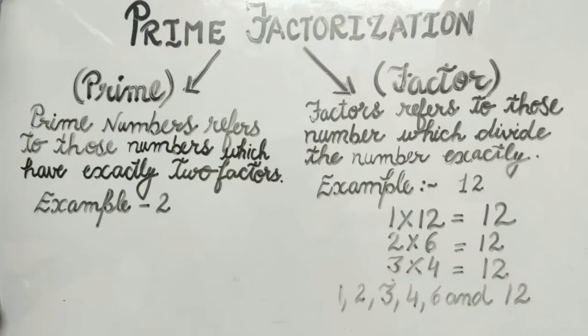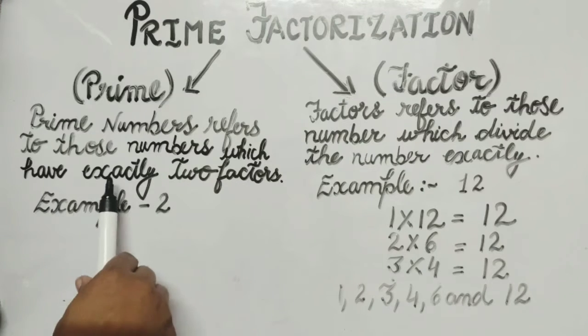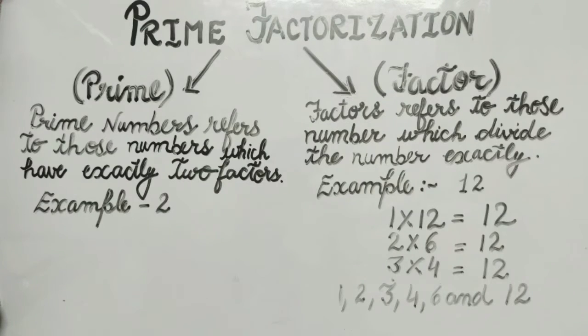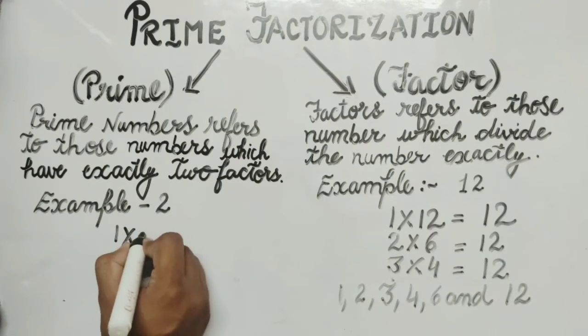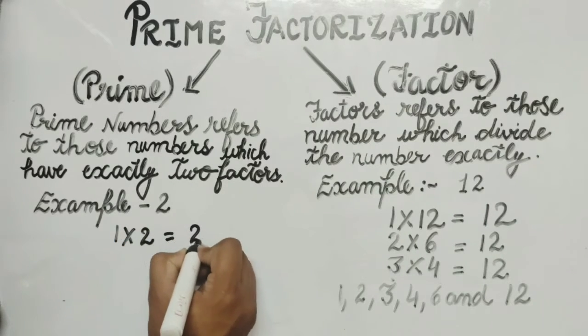Now students, we will discuss prime numbers. I told you prime numbers have exactly two factors. So let us take the example 2. Let's find the factors of 2. 1, 2s are 2.